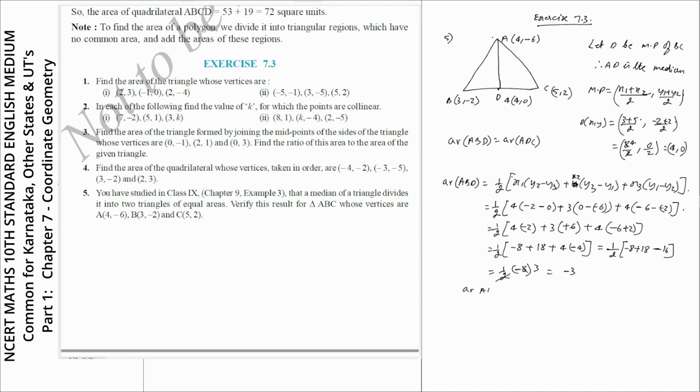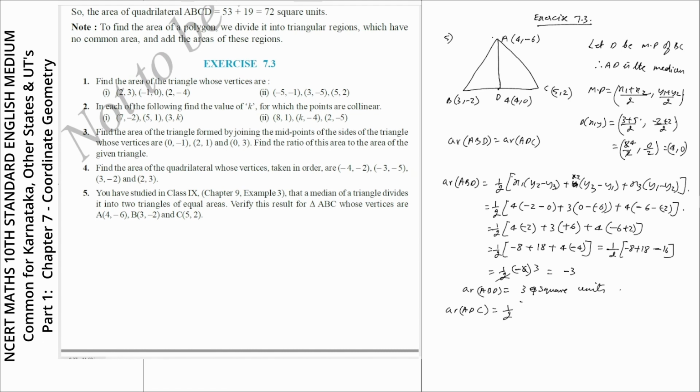So area of ABD is equal to 3 square units. So now what is the area of triangle ADC? So formula already I have written. I'll just go and substitute.